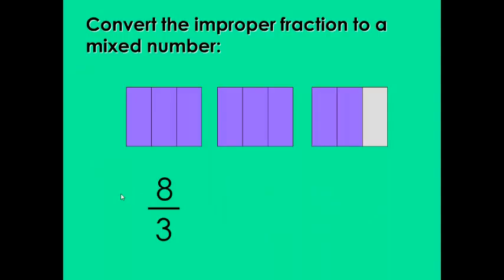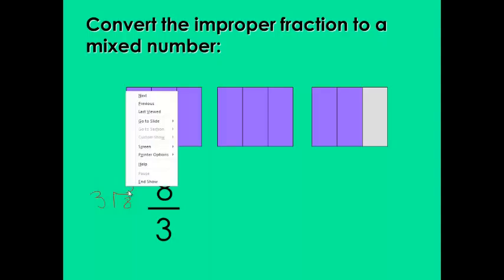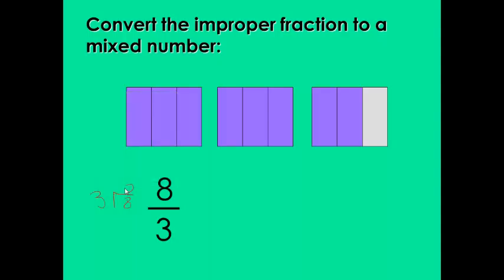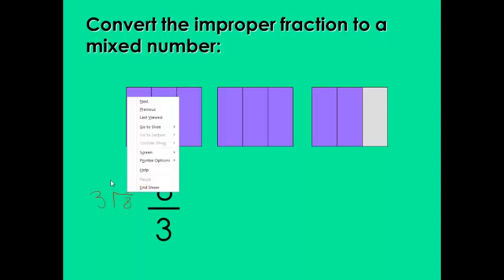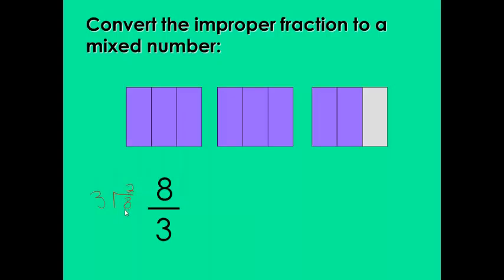Here we will divide 8 by 3. 3 goes into 8 2 times. 2 times 3 is 6. 8 minus 6 is 2. This got erased.